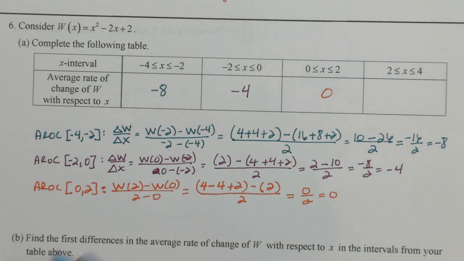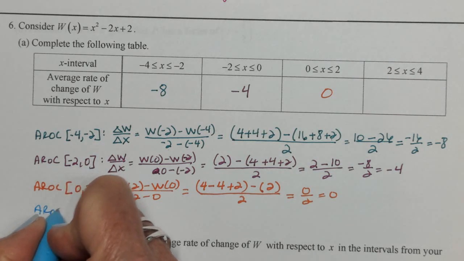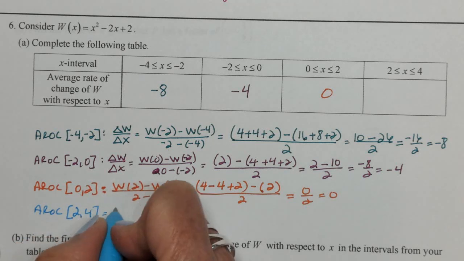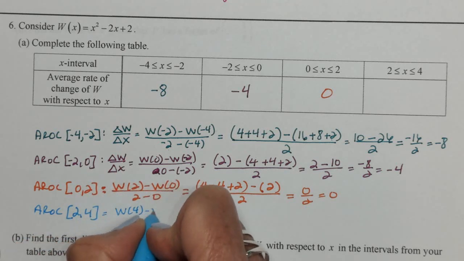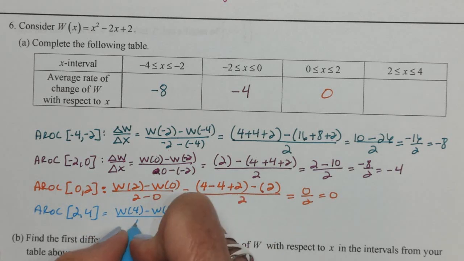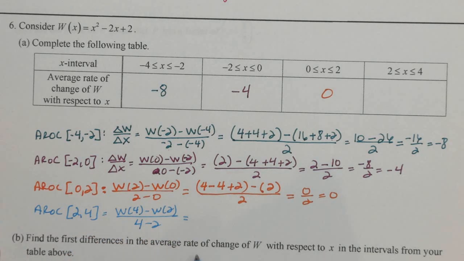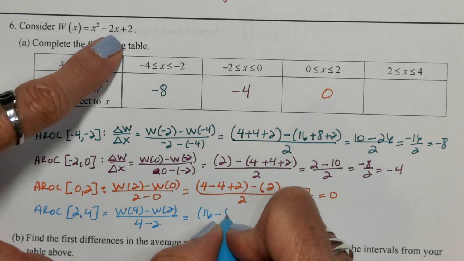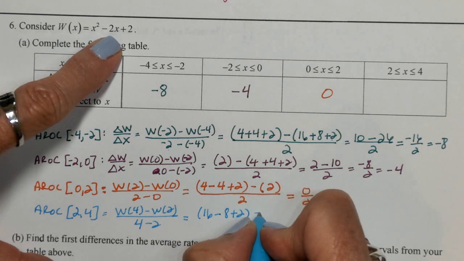Okay. What about our last one? From 2 to 4. That'll be W of 4 minus W of 2 over 4 minus 2. W of 4 is 16 minus 8 plus 2.